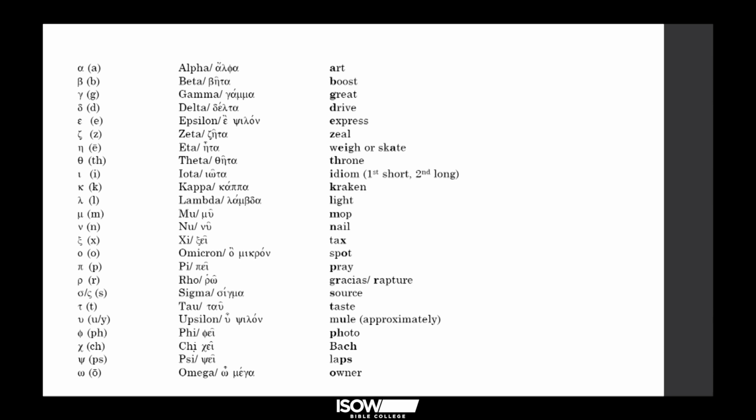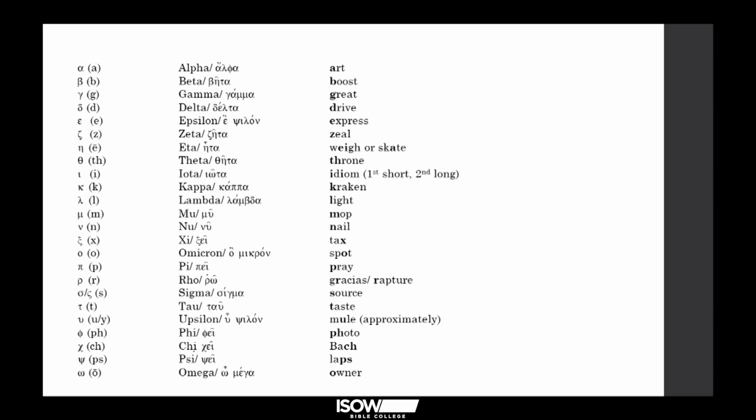Pi will be pronounced like P, as in pray. Rho, which is equivalent to an R in English, is going to be pronounced like the R in rapture. Sigma will be pronounced like an S, as in source. Tau will be pronounced like a T in taste.